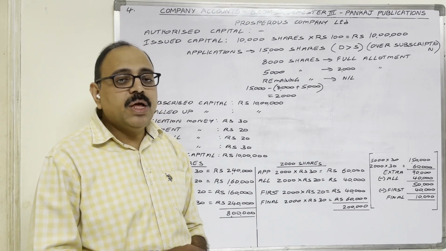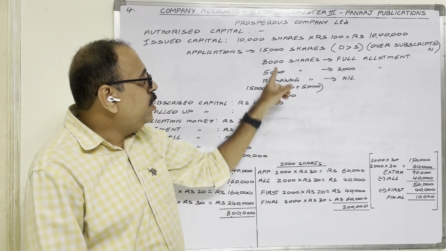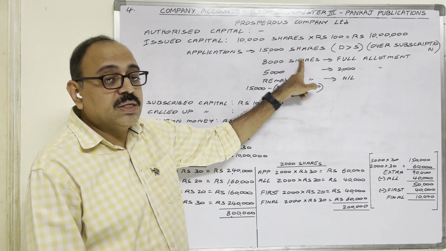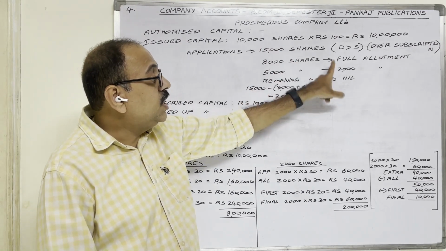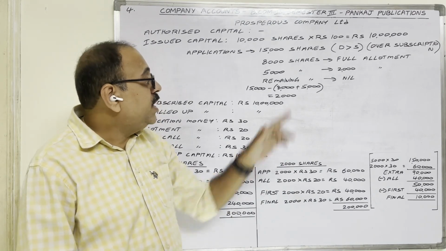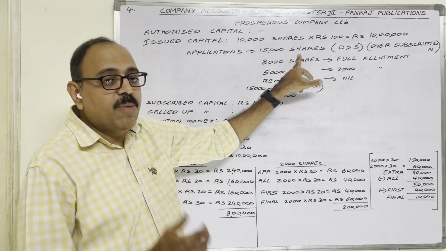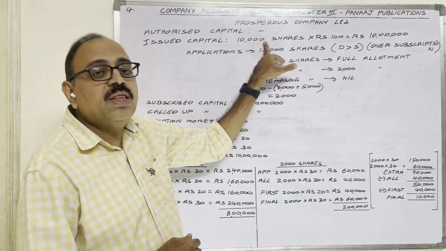Therefore, subscribed capital is also 10,000 shares only. Don't think that because people applied for 15,000 shares, subscribed capital is 15,000 shares at 100 rupees each, 15 lakh. Even though the public applied for 15,000 shares, the company cannot allot 15,000, because supply is only for 10,000 shares.